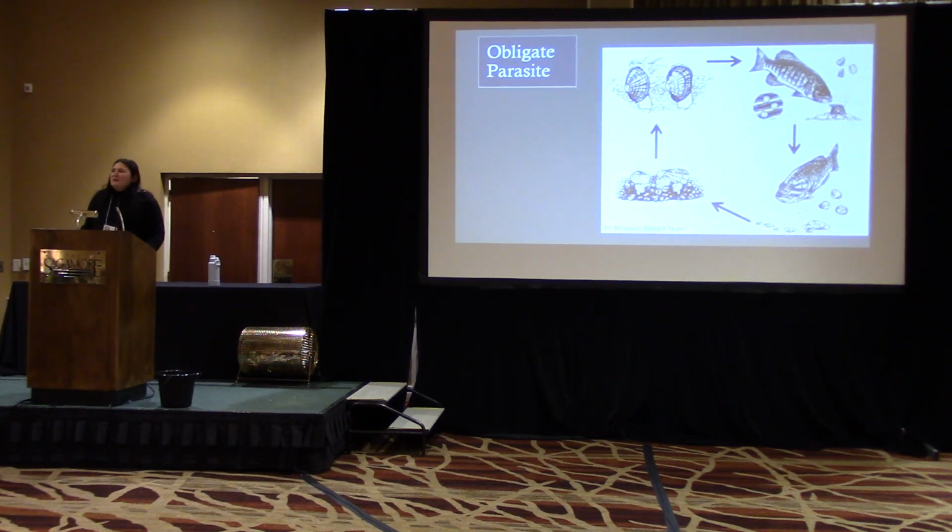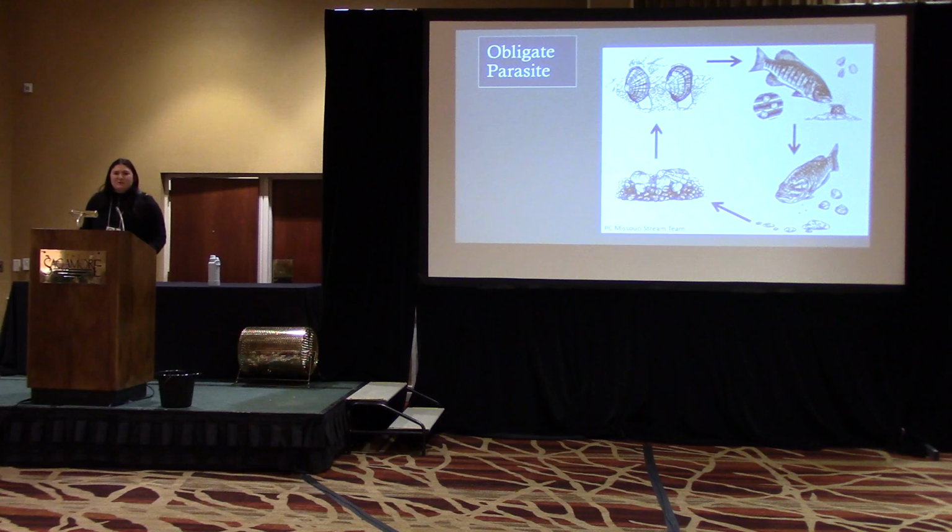Some of you may know this life cycle aspect, but functionally, mussels are an obligate parasite on fishes. What happens is a male mussel will put sperm up into the water column, female mussels will filter out that sperm, fertilize their eggs, and then they will make some kind of lure to attract a fish near them.